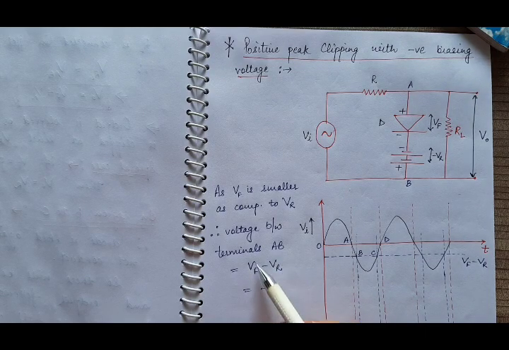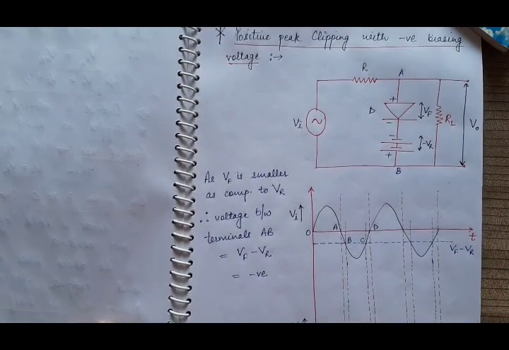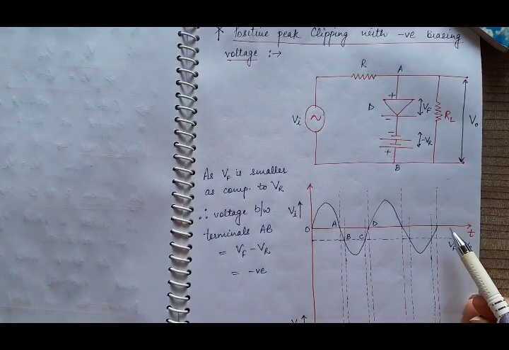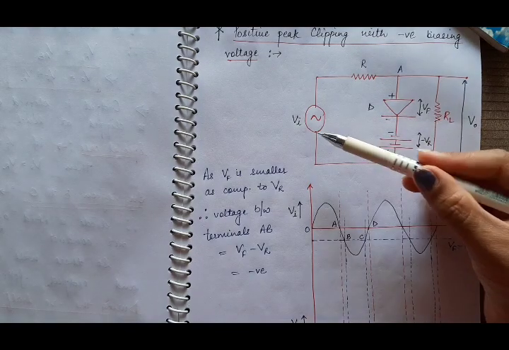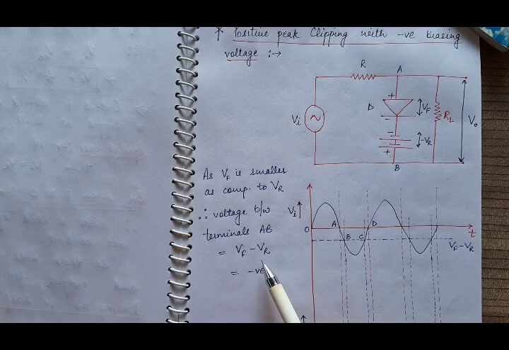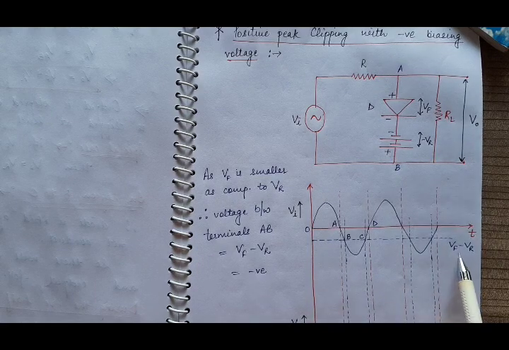So the value of VF minus VR will always be negative. That's why this VF minus VR level will lie below the zero level. You can clearly see that if this is the input signal applied to this circuit, then the VF minus VR level, the voltage across terminals AB, will be negative, lying below the zero level.